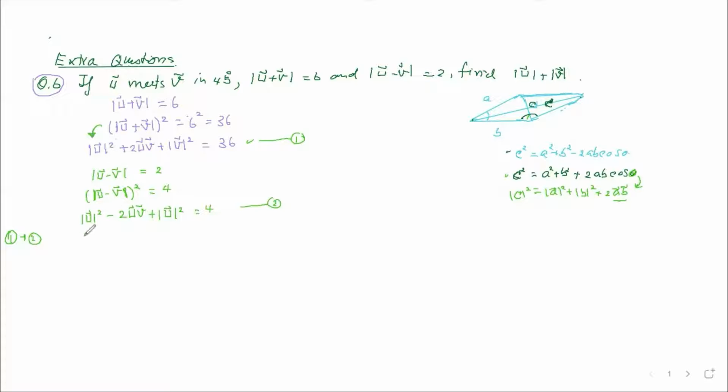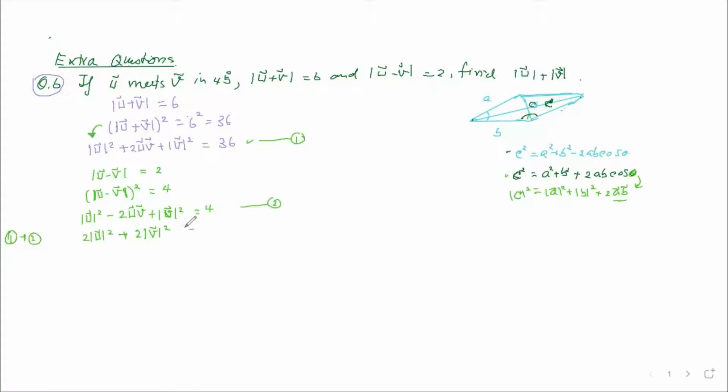1 plus 2, so we have 2 times the length of vector u to the power 2, and the middle term here is gone, right? This is a plus, this is a minus, so it's gone. And then plus from 1 plus 2, so we have 2, sorry, this one should be v, vector v. So it becomes 2 times vector v to the power 2 here.